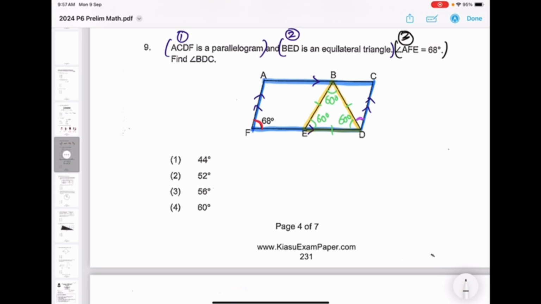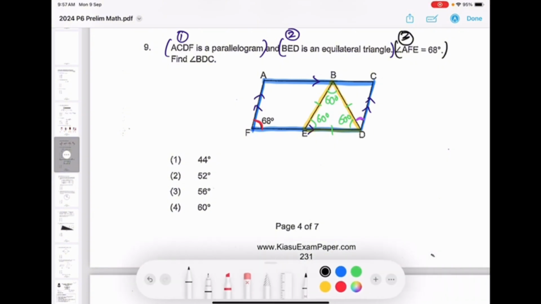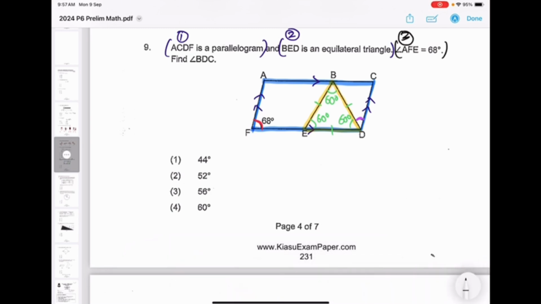Alright, how do we tackle this question? First, we have to understand the properties of a parallelogram. Whenever we look at a parallelogram, we have to know that the opposite angles are always equal. So if I have AFE as 68 degrees, what I can say is that angle BCD right over here is also 68 degrees.